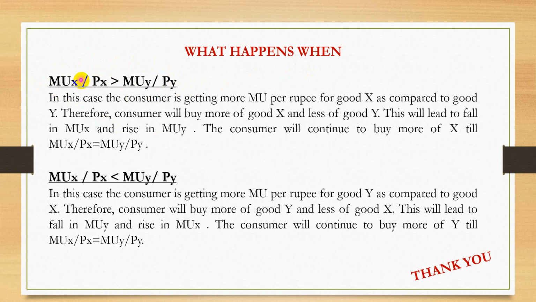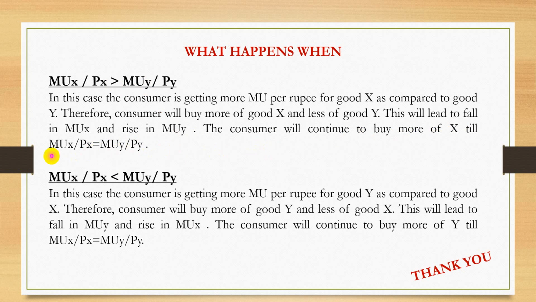In this case, the consumer is getting more marginal utility per rupee for good X as compared to good Y. Therefore, consumer will buy more of good X and less of good Y. This will lead to fall in marginal utility of X and rise in marginal utility of Y. The consumer will continue to buy more of good X till MU of good X divided by price of X is equal to MU of Y divided by price of Y. So in this situation, consumer will buy more of good X when MUX by PX is greater than MUY by PY.